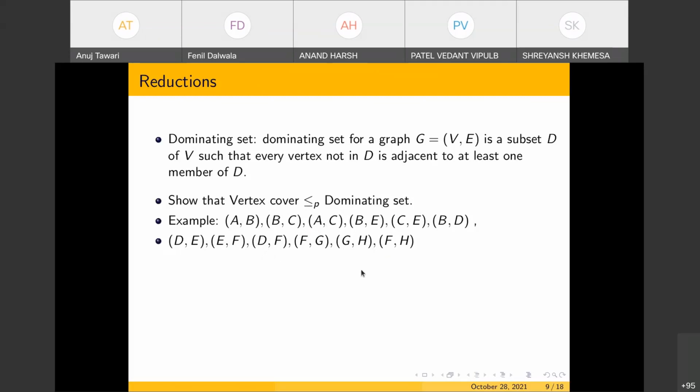Otherwise, there will be some edge which will not be covered. For instance, if I pick just F here, then G, H will not be covered. So the vertex cover is in general at least 6, it seems, or can we have 5? Maybe that's 5.